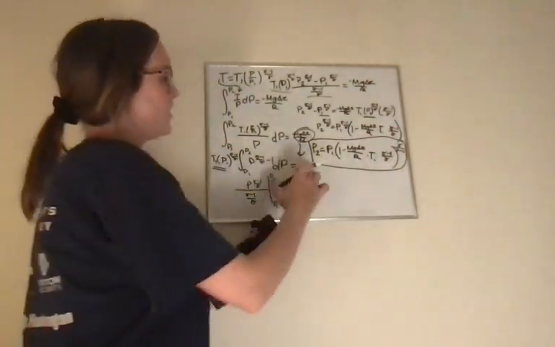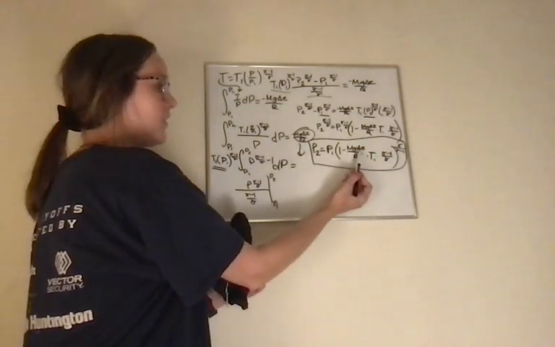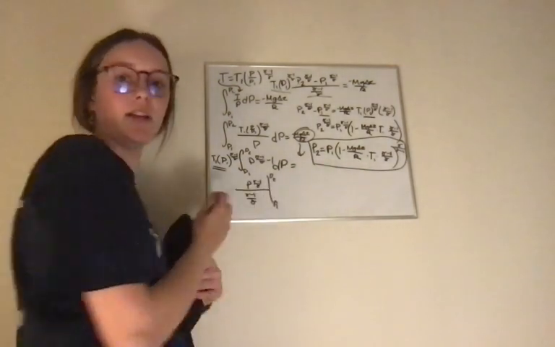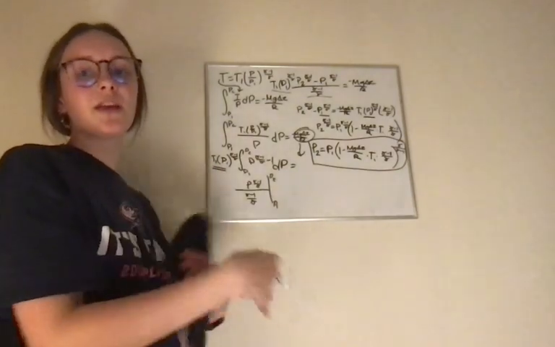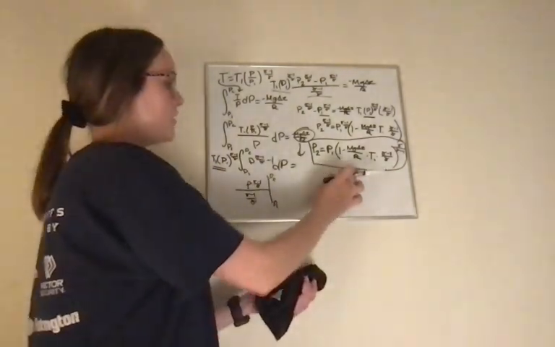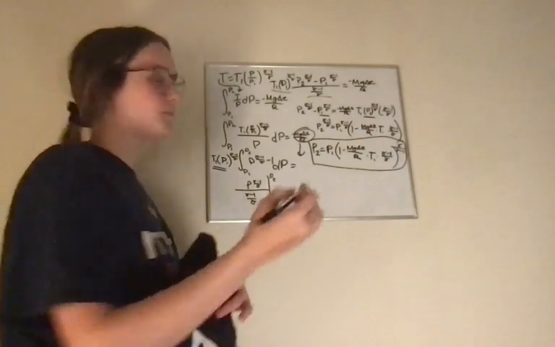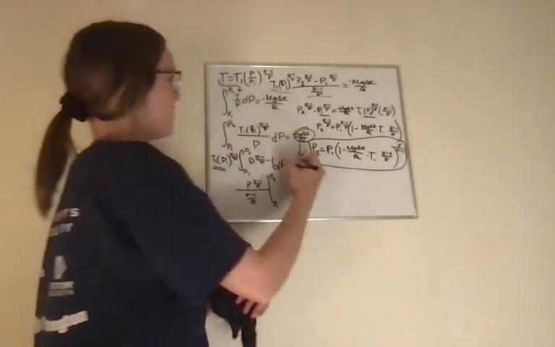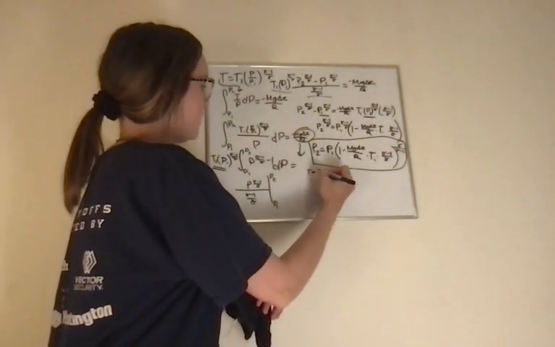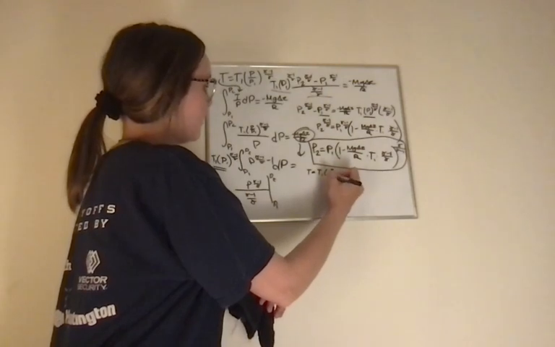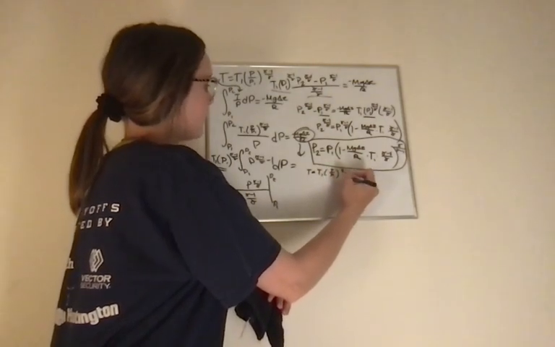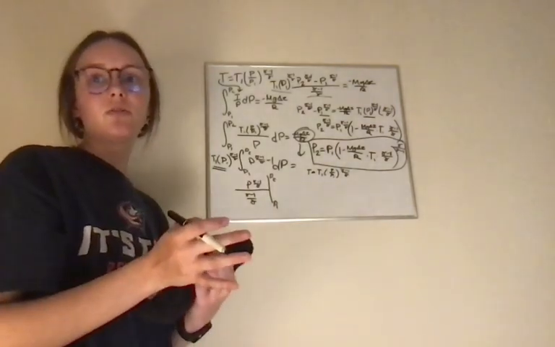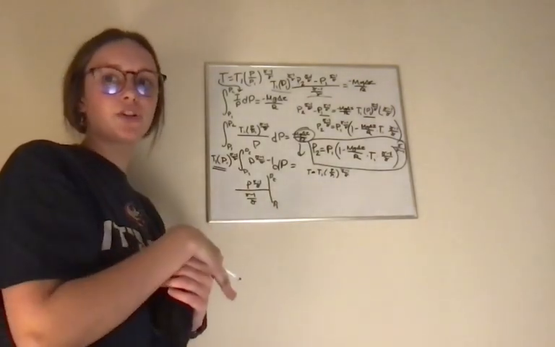So as you can see in this formula, the only thing that is changing is the delta z. All of the rest are constants or numbers, and this means that we can use this to find our temperature equation. So as we saw before, T equals T1 times P over P1, all of that to the gamma minus 1 over gamma. So now we're just going to substitute in our pressure.